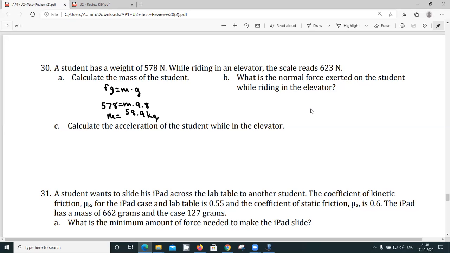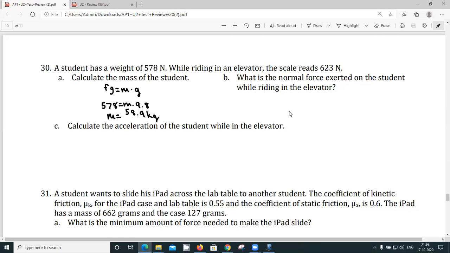So the scale will read the normal reaction. The normal reaction happens because of gravity and the relative motion between the scale and the person. If both the scale and the person are freely falling, even though gravity is there, there won't be any reading. It will be zero. The reading of the scale basically senses the normal reaction.